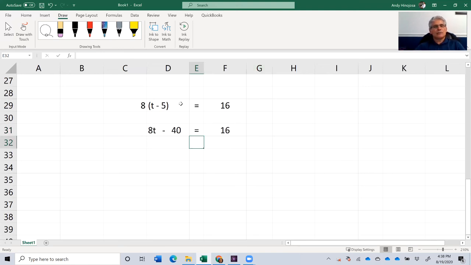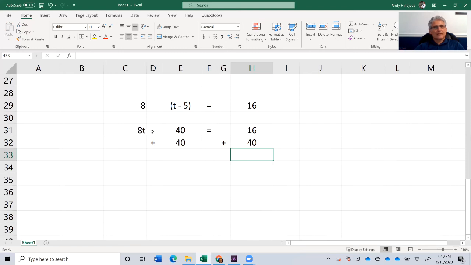So you can see how this would be difficult to resolve or come up with a solution for the t, but this is doable now. Now we're going to be looking to isolate the t. The first thing we'll do is add 40 to both sides of the equation. After we have 8t minus 40 equals 16, we can continue to move forward to isolate the t.